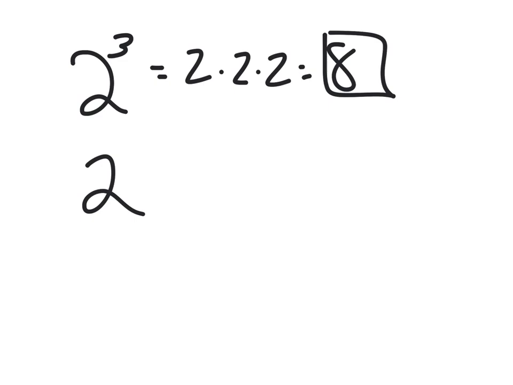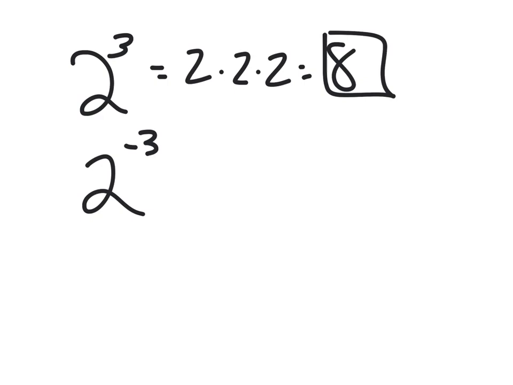What if I have 2 to a negative third power? Well, that's what we want to take a look at: how do you handle a problem with a negative exponent? Here's essentially what this means.